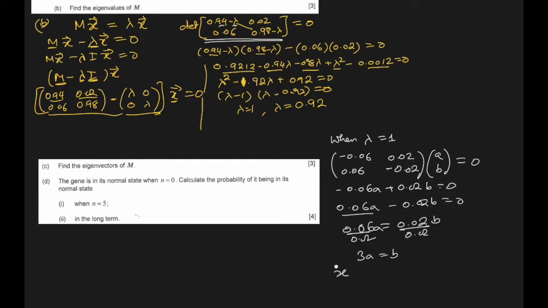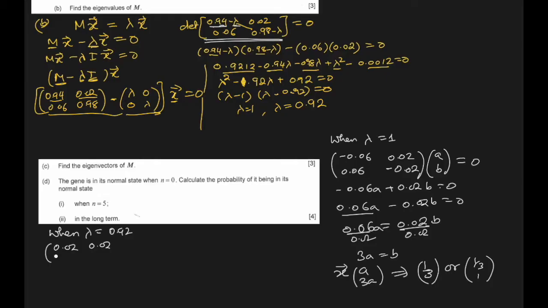So let's write our eigenvector as a and 3a, which we can take a common, so it becomes 1, 3. Since we are doing probabilities, we can write 1 over 3, 1 also. All right, when lambda is 0.92, so what does this matrix become? 0.94 minus 0.92 will be 0.02, 0.02, 0.06, and 0.98 minus 0.92 will be 0.06.